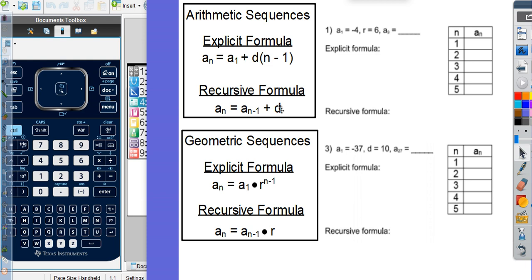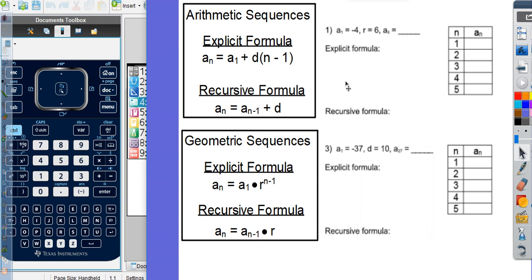So when we're looking at this, that's really the most important thing, and when we do our final questions with this video, you'll kind of see where that importance comes in. And then the same thing with these, except for R is ratio, which is what we're multiplying or dividing by. And then whenever you do this n minus 1, that needs to be an exponent.